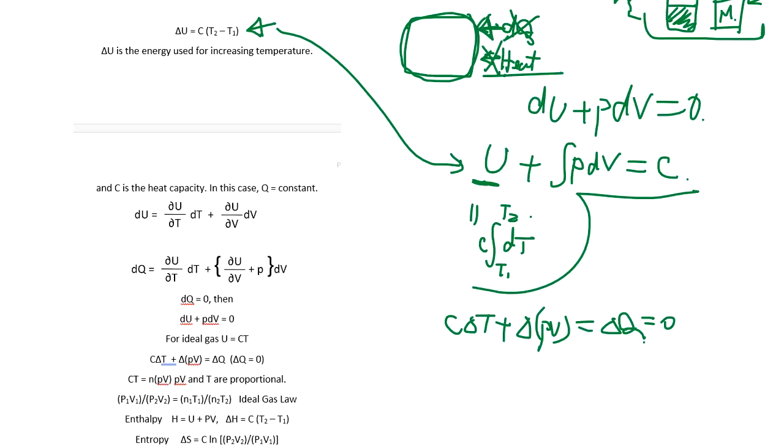So delta U equals c delta T equals delta (pV).